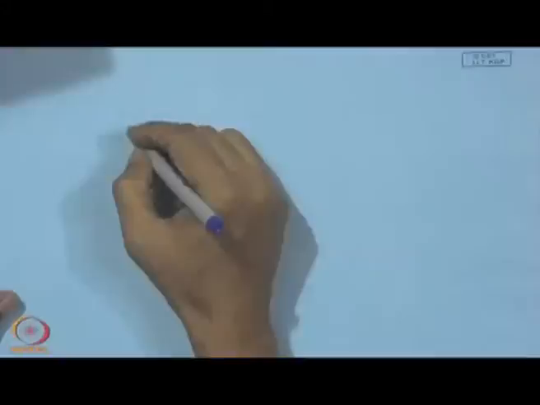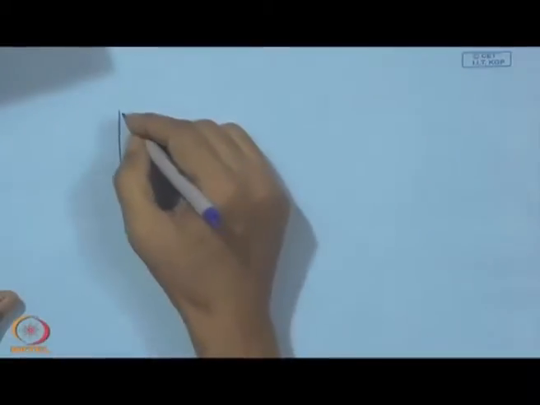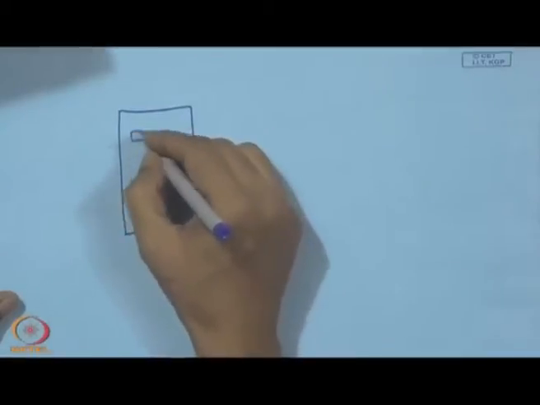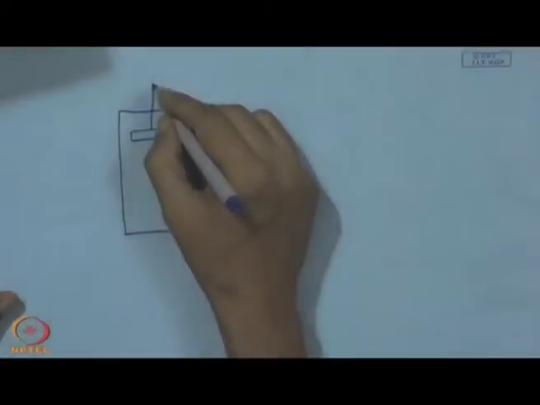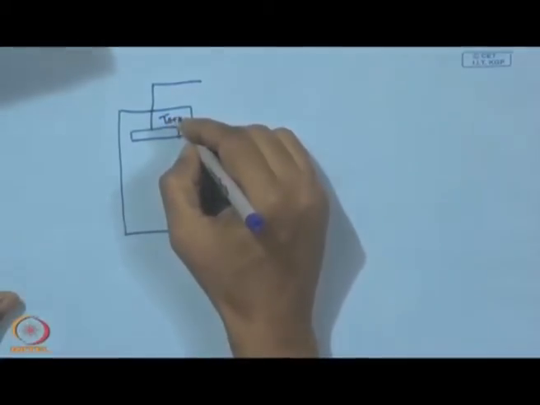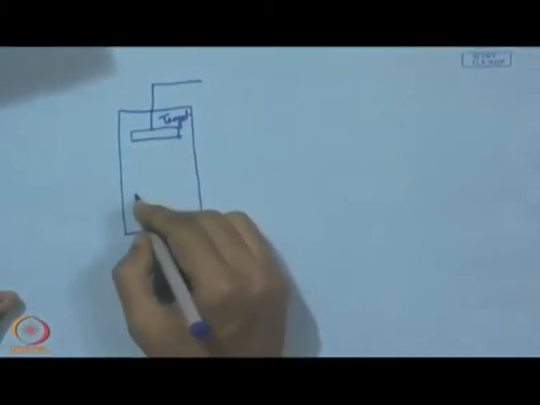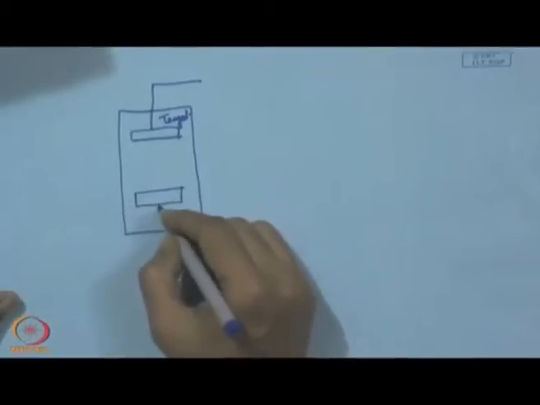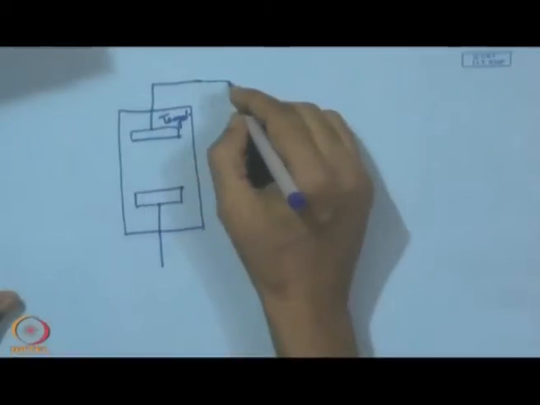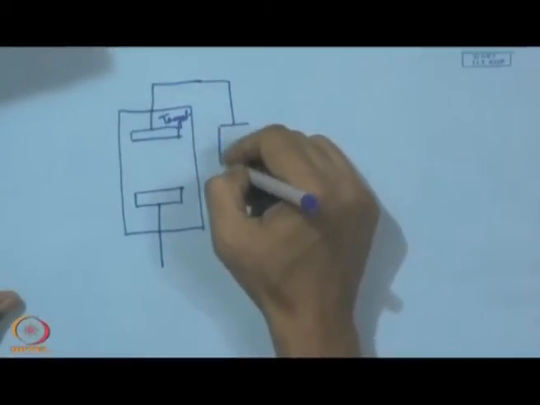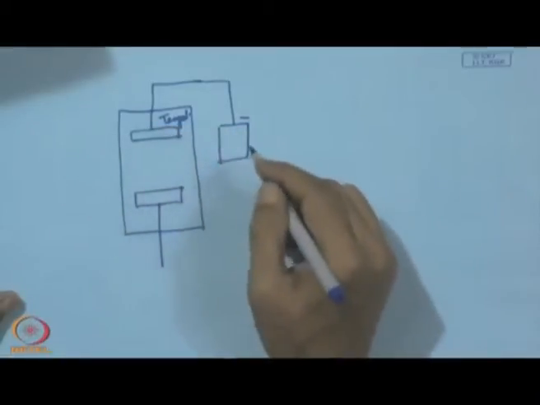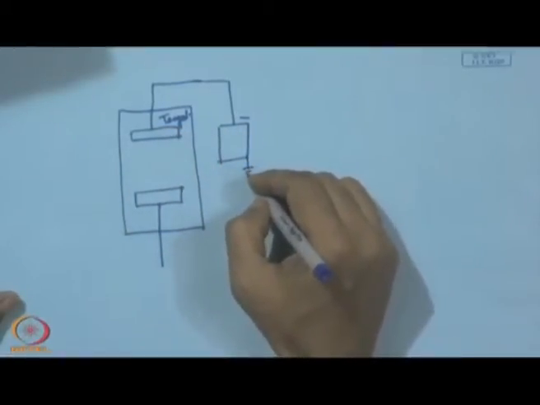Now, we can have a sputtering chamber, and here is located the target, and this is the substrate. These are the lead wires connected to the power supply, and we have a negative polarization, and this can be grounded.